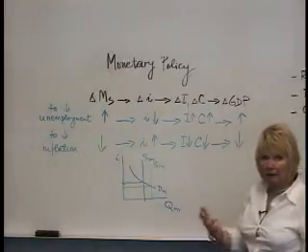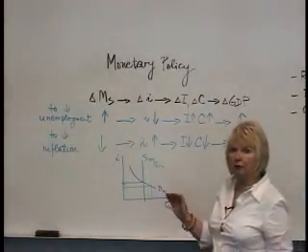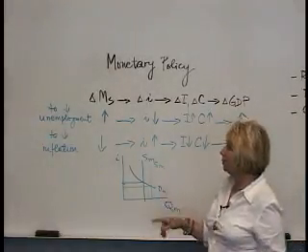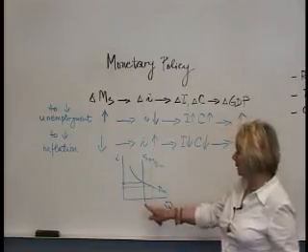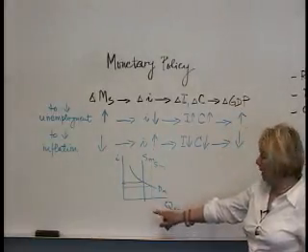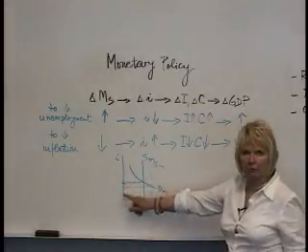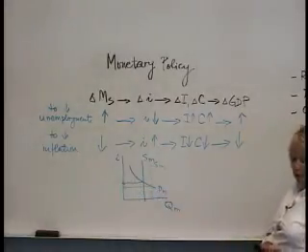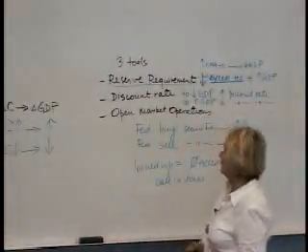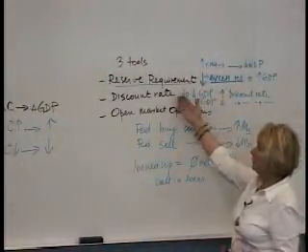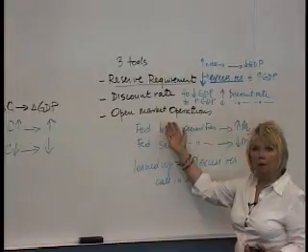In order to stimulate the economy, we would like interest rates to come down, and to do that, we are going to increase money supply. You can also show that on a graph, whereby here you increase money supply, interest rates are going to be dropping. The three tools that we use to change money supply are reserve requirements, discount rate, and open market operations.